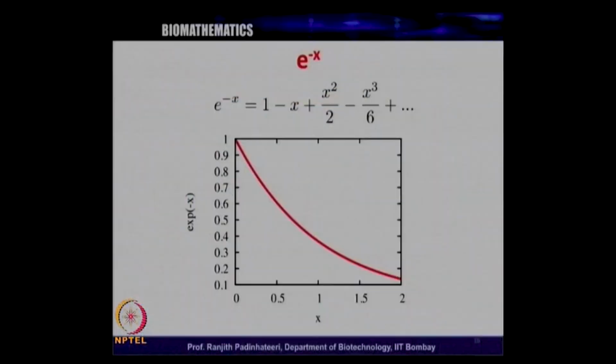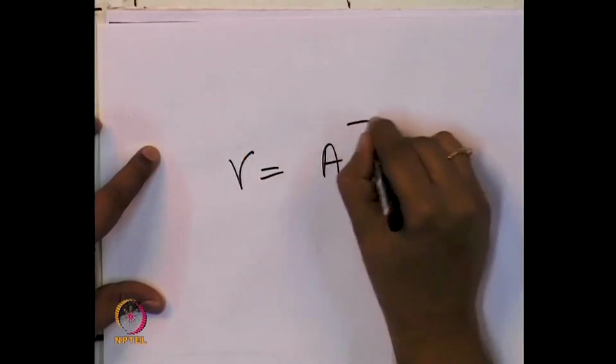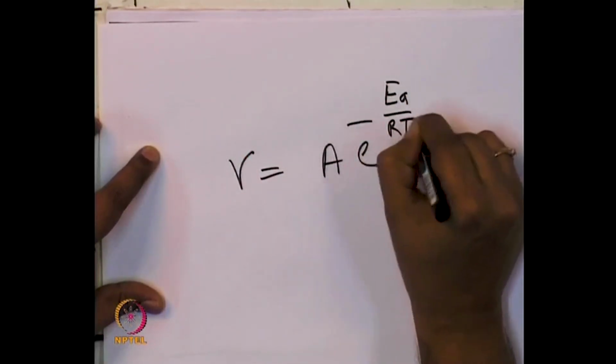If we plot this as a graph, how does it look? Let us have a look at it. It looks like a decreasing function. We saw the Arrhenius equation as a e power minus x: r is a e power minus E a by r t.